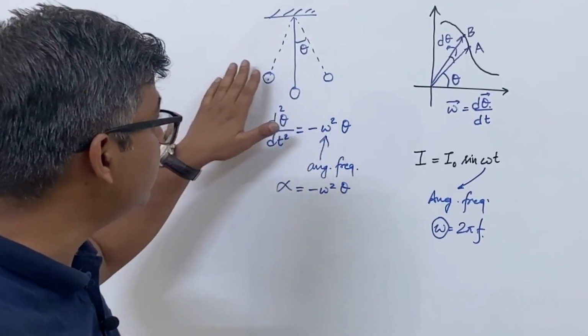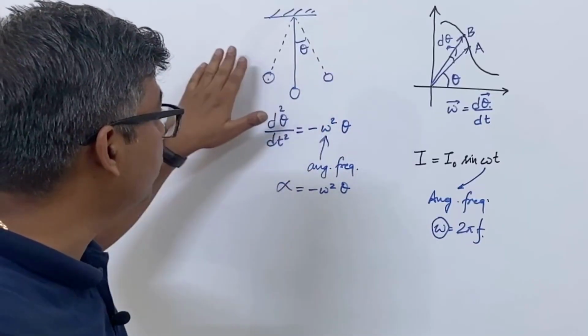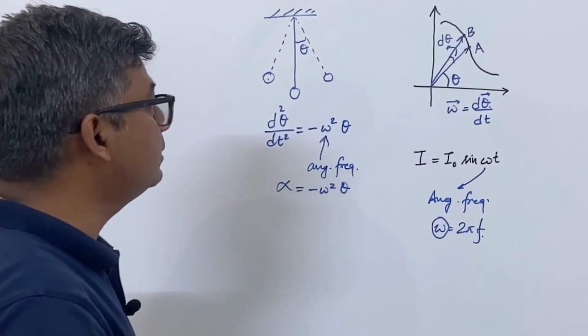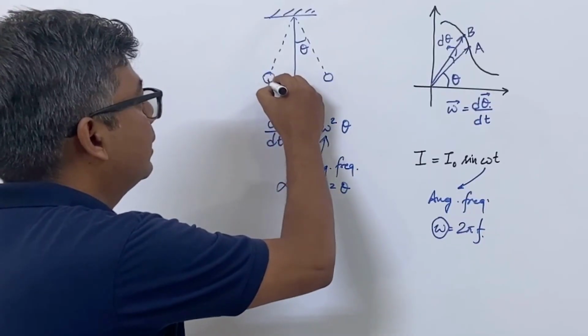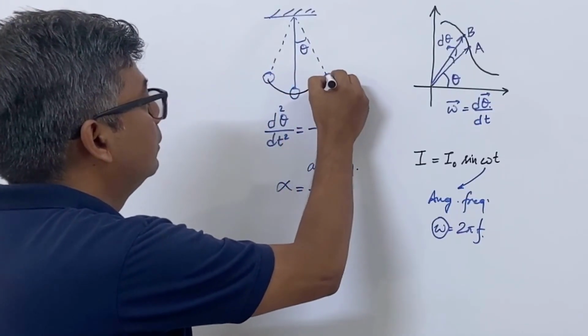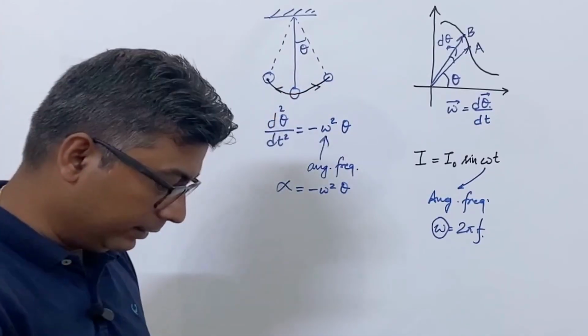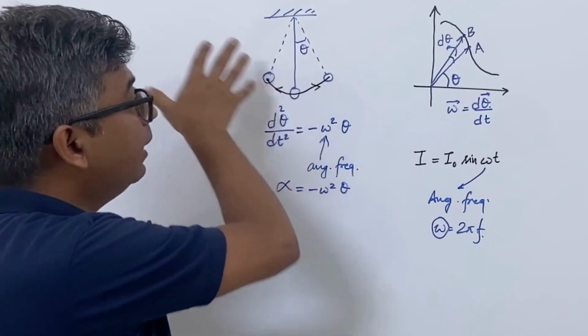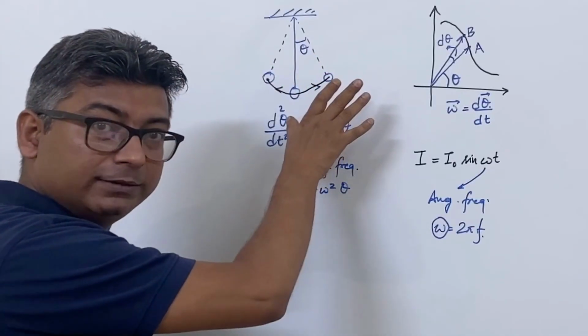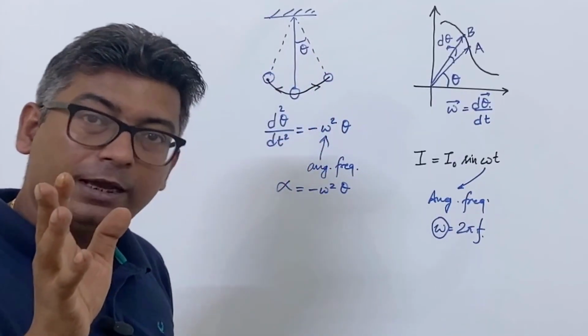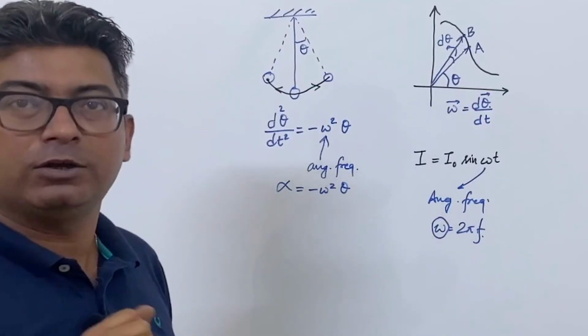So this omega square is not the same as the angular velocity. Now, if you look at this, there is a motion in a curved path. Where is this curved path? This is the curved path. This is definitely back and forth, so this is definitely a motion in a curved path. That means there will be an angular velocity.